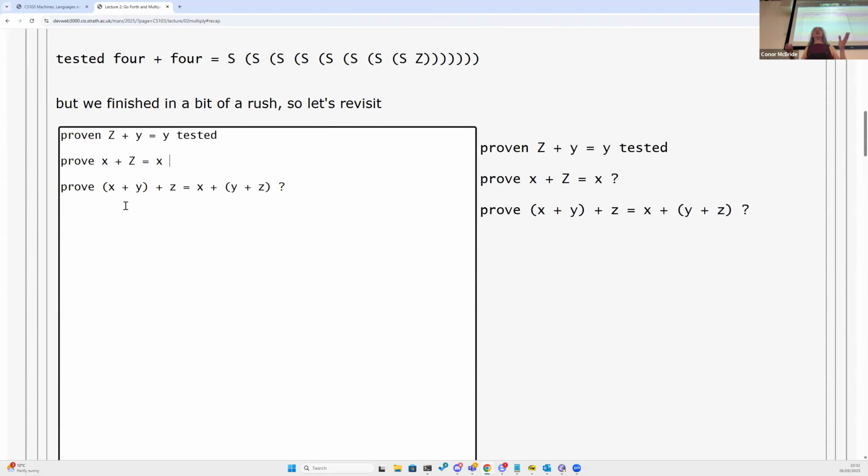And what you see is that the definition relies on knowing whether the first input is 0 or a successor. And here, in this equation, on the left-hand side, the first input is x. And it's not clear whether x is 0 or a successor. It could be anything.